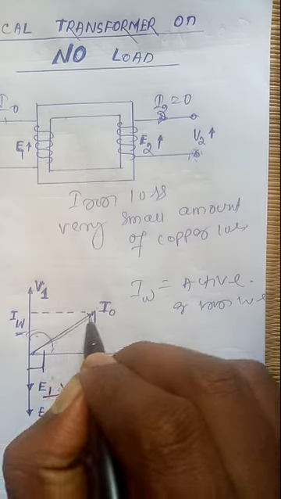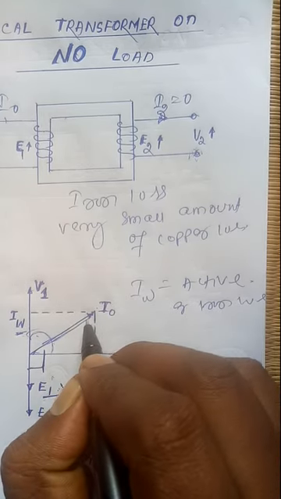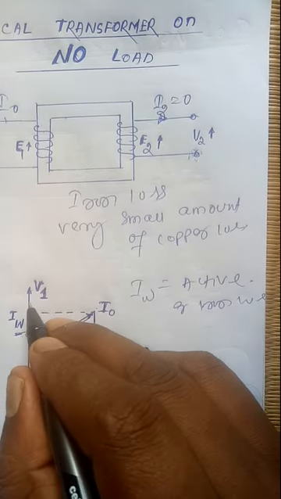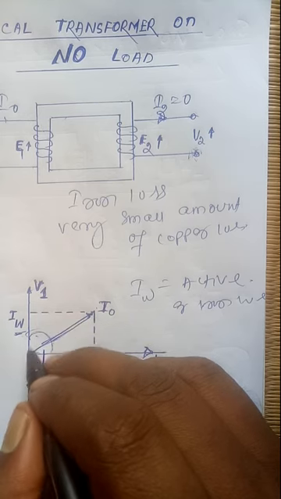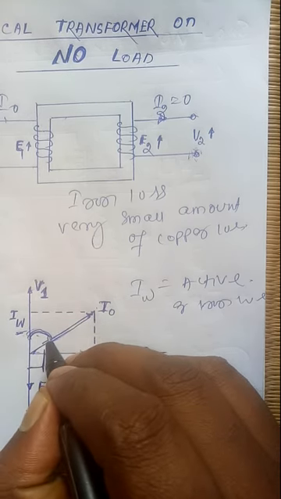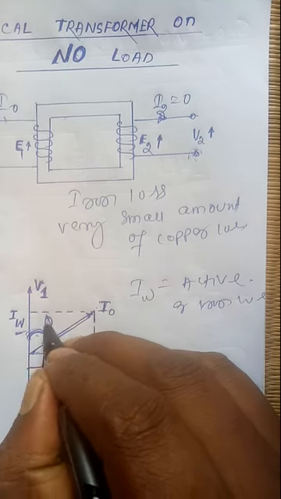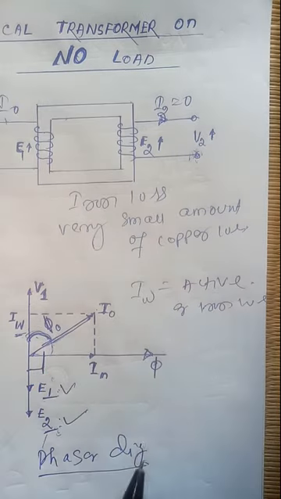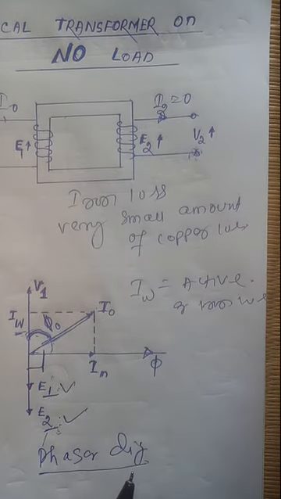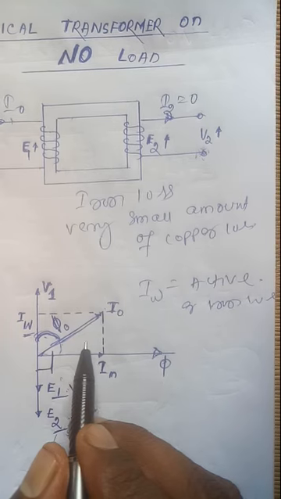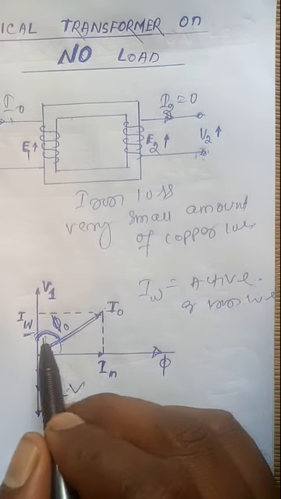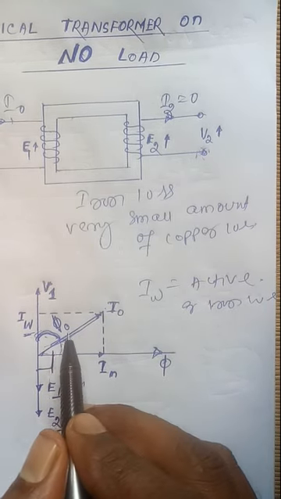This one is your no load primary current and this one is your supply voltage V1. This angle is your no load power factor angle. So this one is your I0 and this angle is your phi naught.